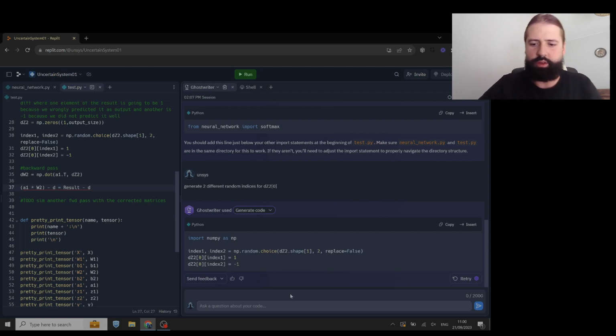Let's see if Ghostwriter can give us some guidance here. Do you have an idea on how I can calculate the change in W2 that I have to make in order to influence the result using the difference, dW2?